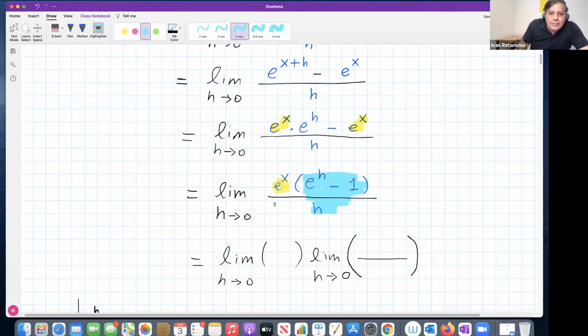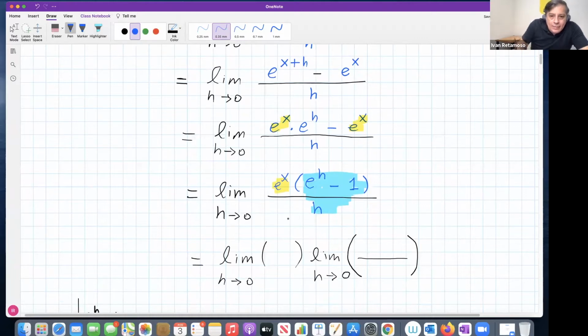We'll see. So this will be the limit of e to the x, times the limit of all this part, look, e to the h minus 1 over h, right? And both limits as h approaches 0. I just distributed the limit, right? Maybe I can put arrows here to indicate that.